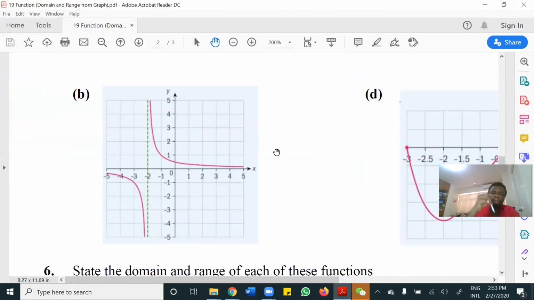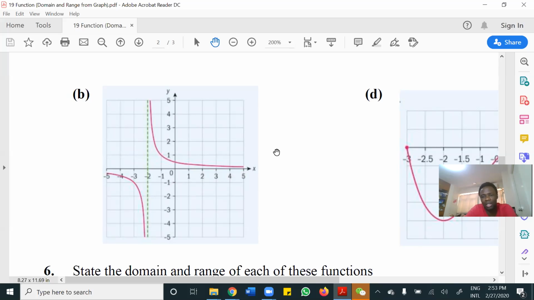The domain is X equals any real number except -2. Any real number except -2, perfect. And the range? Y equals any real number except 0. Wonderful. Well done. I like how it is so short.